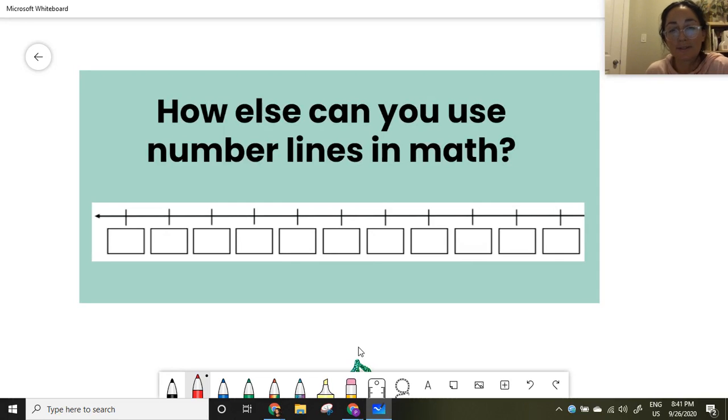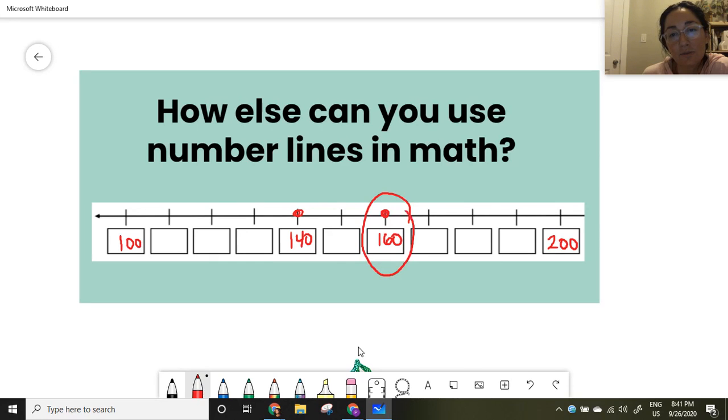How else can you use number lines in math? You can use number lines in math to compare. If this is the number 100 and this is the number 200, if I need to compare two numbers, let's say I need to compare the numbers 140 and 160, I can look and see which number is higher on my number line.